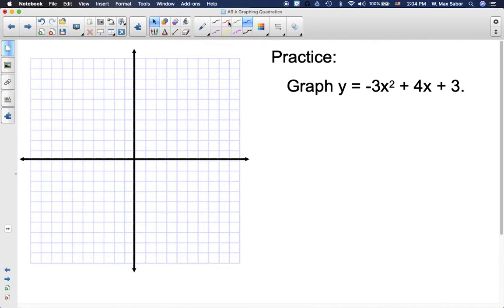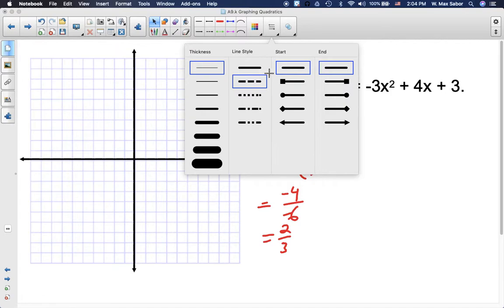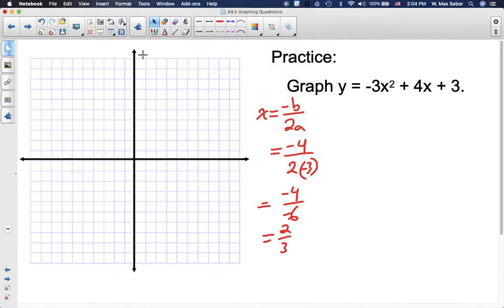All right, so this is the same one that we did before. Negative b over 2a. Negative 4 over 2 times negative 3, is negative 4 over negative 6, or 2/3. So we can draw our axis of symmetry at positive 2/3.